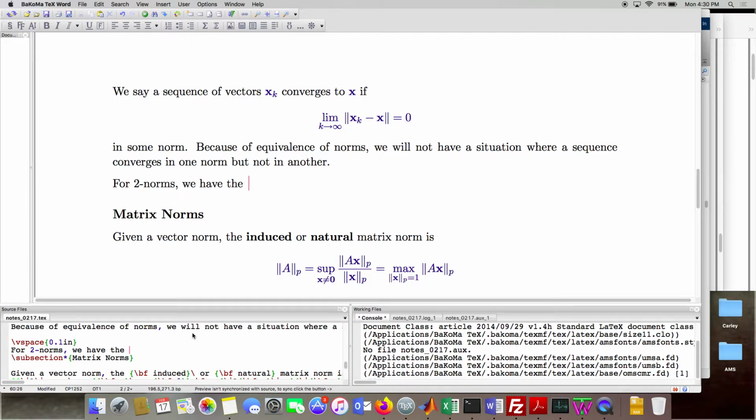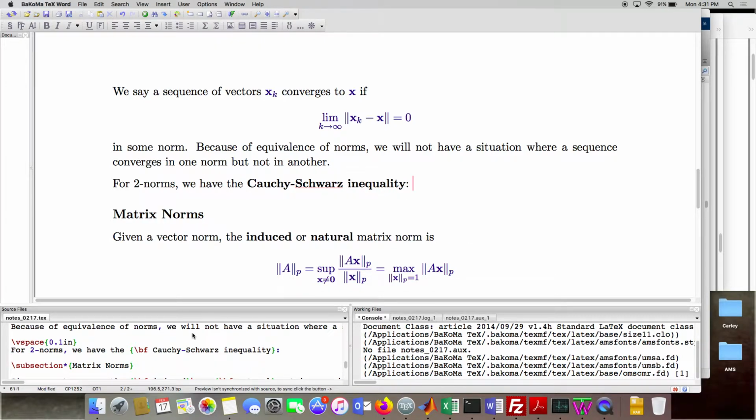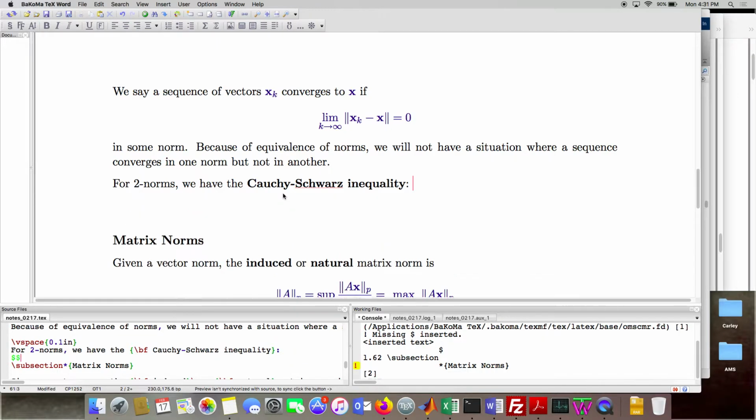This is just for the 2 norm. This is a property that is so important. It comes up in so many proofs and such that it deserves mentioning.